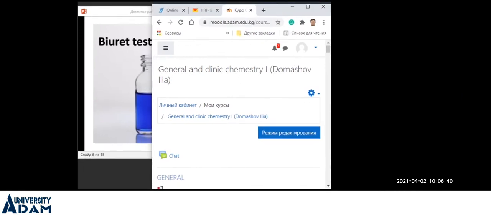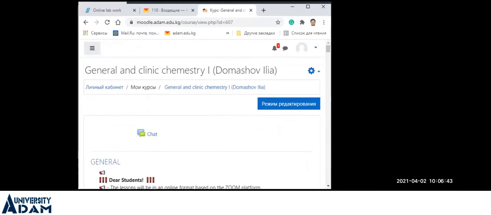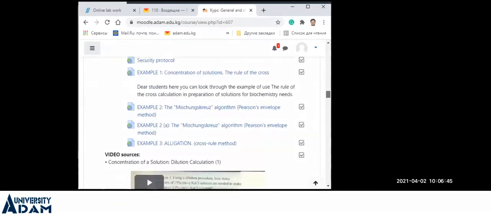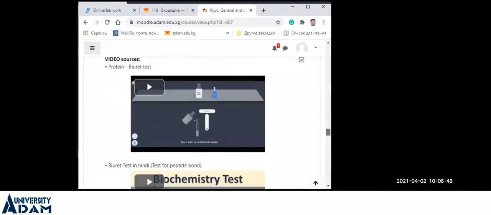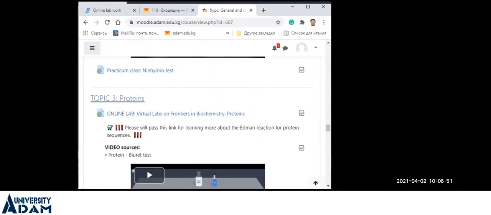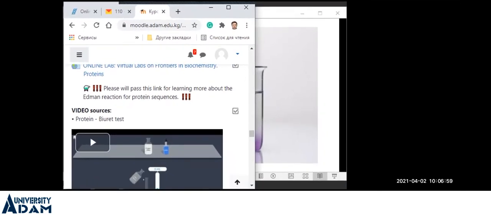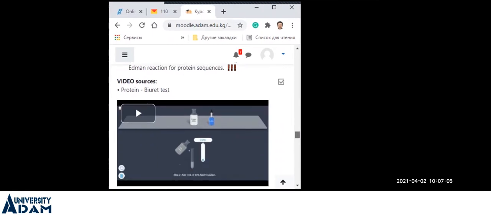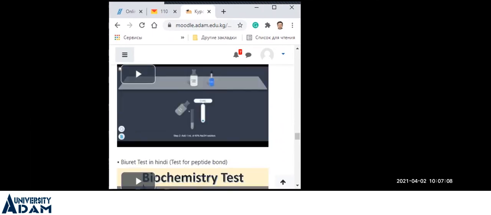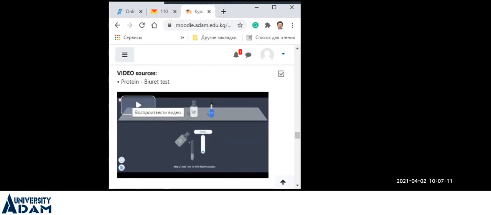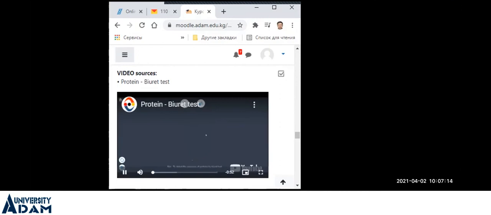For example, we must come to topic 3, proteins, and some specific reaction will be available. Aim: to detect the presence of proteins by Biuret test.